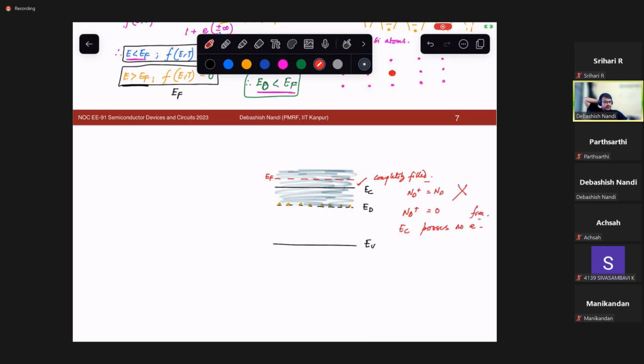If no free electron is possessed by EC, that means the Fermi level cannot be above this. So this is not a valid solution. So your Fermi level has to lie in this region. EF has to lie between ED and EC.